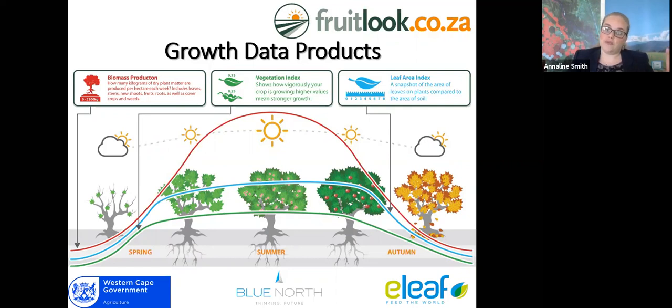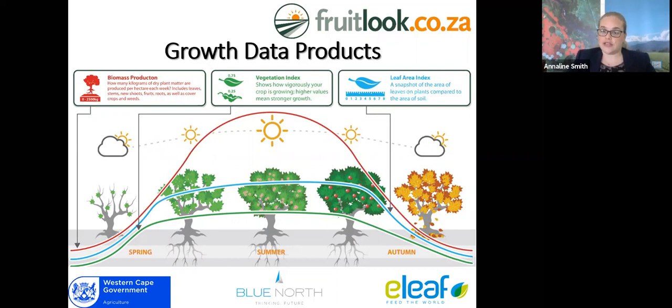While biomass production is a weekly parameter, in other words, you only get one data point per week, the vegetation index and the leaf area index are instantaneous data sets, which means that it's not calculated. It is a snapshot taken on a specific day at a specific time as the satellite moves over.